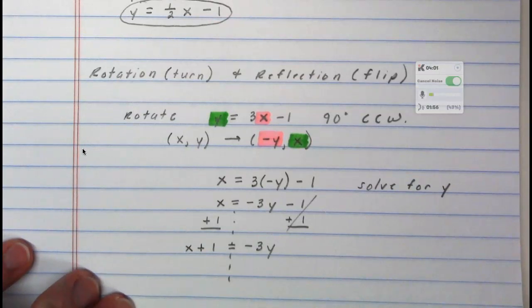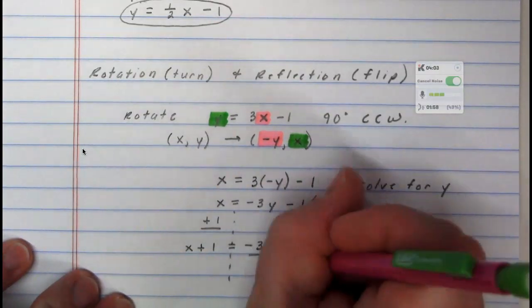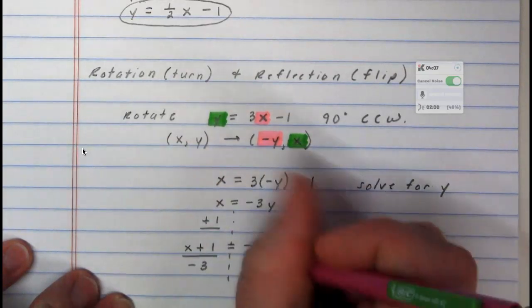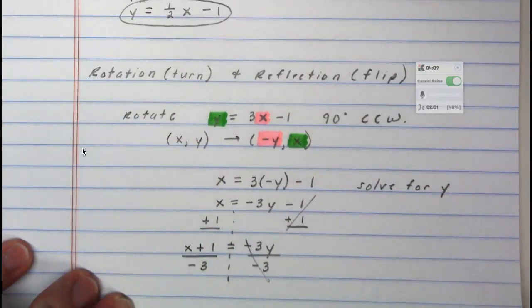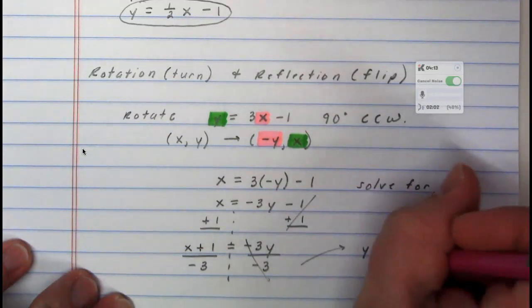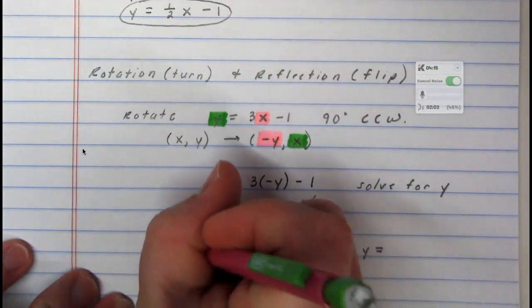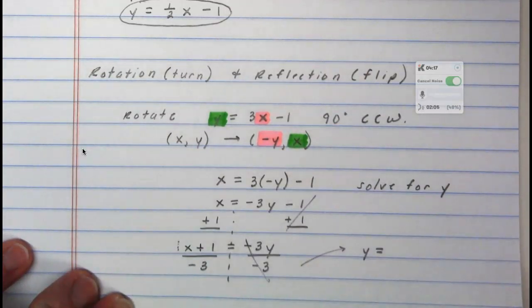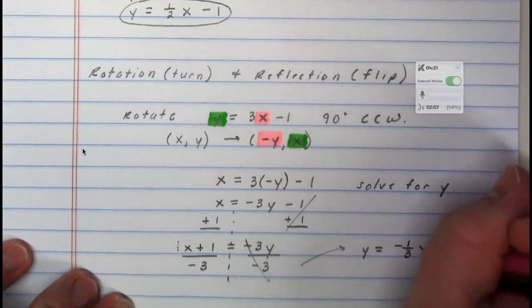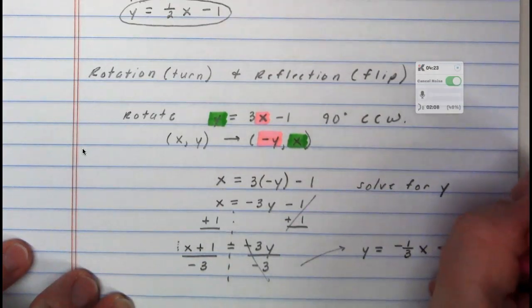And our last step will be to divide by negative 3 on both sides to get the y by itself. So this turns into y equals, technically there's a 1 in front of the x here, so we can make this negative 1/3 x minus 1/3.